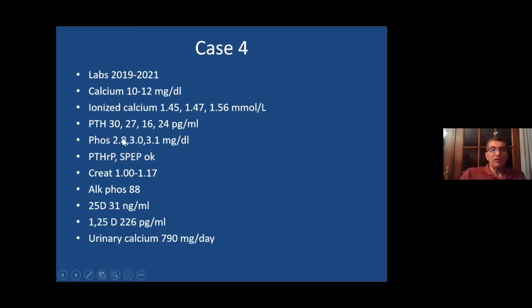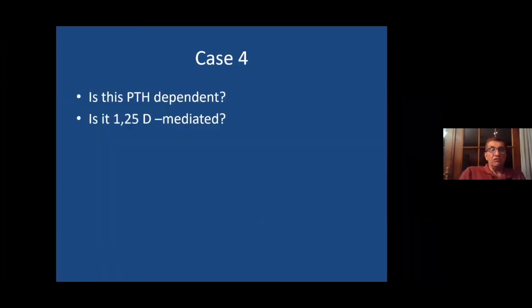His phosphate levels were normal, SPEP, PTHrP were normal, ALK-Phos normal, but his 125 was really high, 226, and urinary calcium 790. So my first question was, is this PTH dependent, or is this 125D mediated?